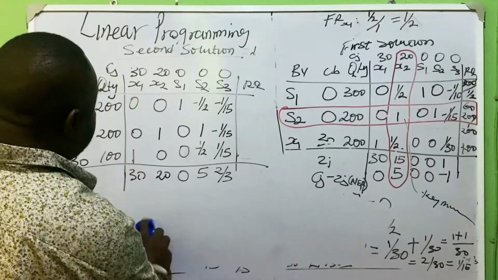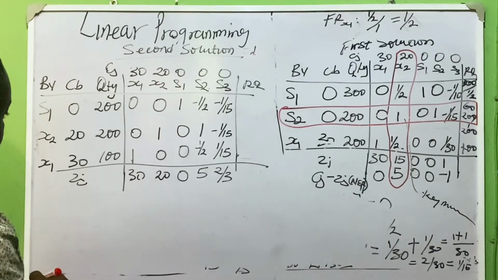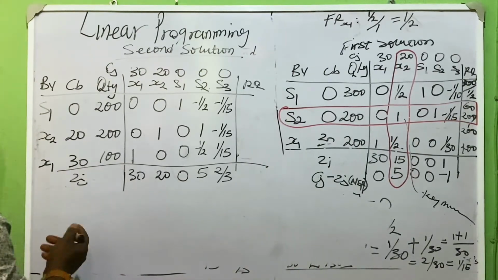Okay, so having computed our Zj values, the next will be to look at our Cj minus Zj row. That is the net evaluation row to know whether we've attained optimality or not.